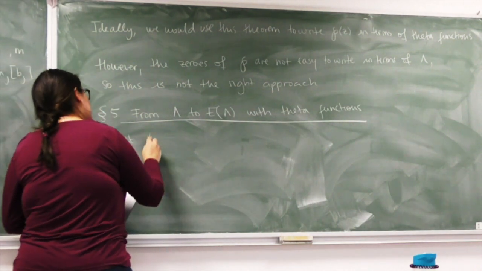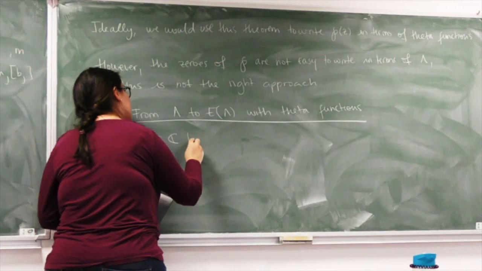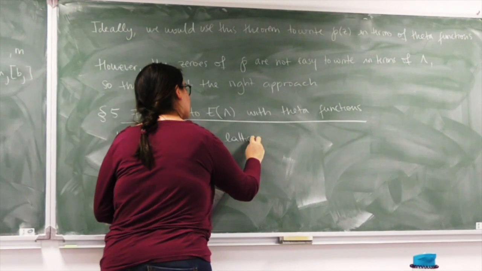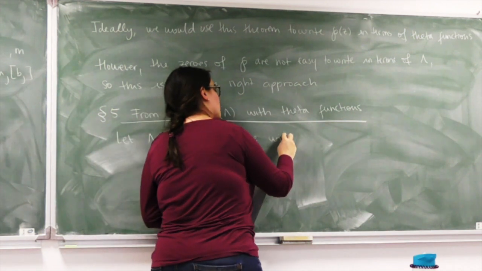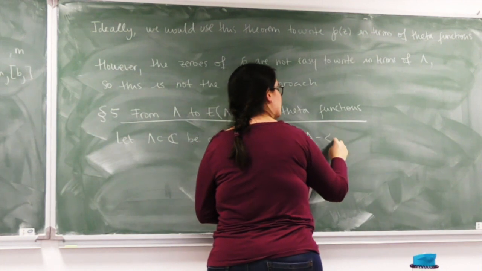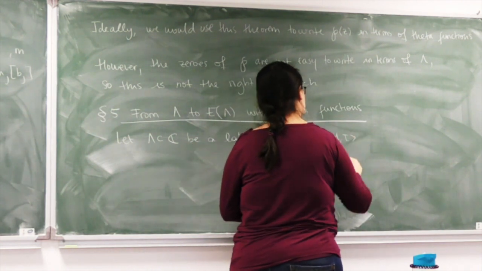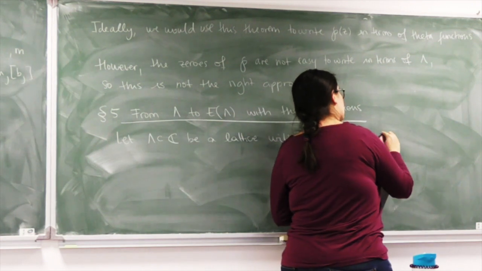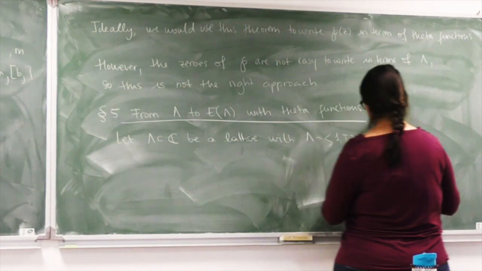Again, so let lambda in C be a lattice, and we take it in the shape that we defined before, so generated by 1 and tau with the imaginary part of tau positive.